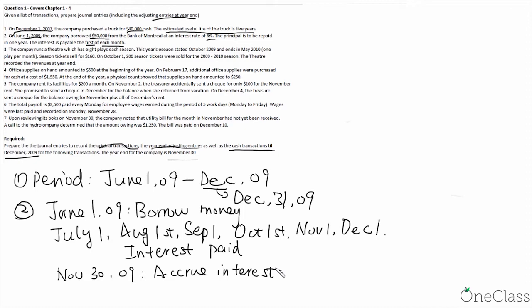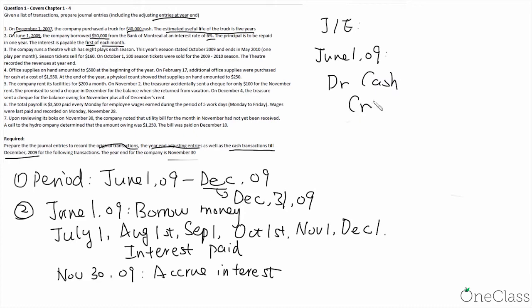After we have figured out the relevant dates, we can book the journal entries. So let's look at our journal entries. On June 1st, 2009, we borrowed the money. So when we borrow the money, we receive cash.